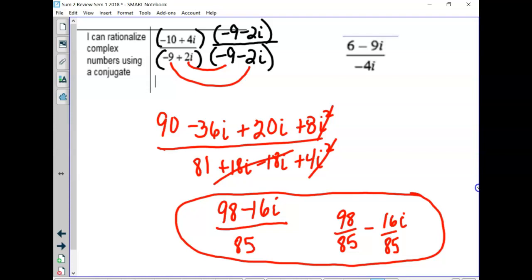Anybody remember the trick to this one? You really don't have to multiply everything by the conjugate. You can just multiply by what? Wouldn't it be 77, not 85? This was minus 4i squared back here.